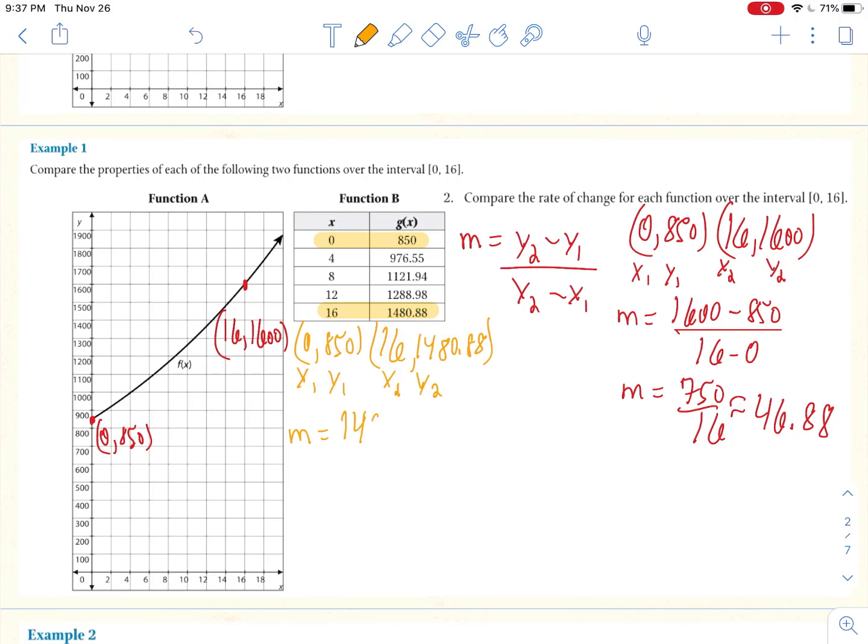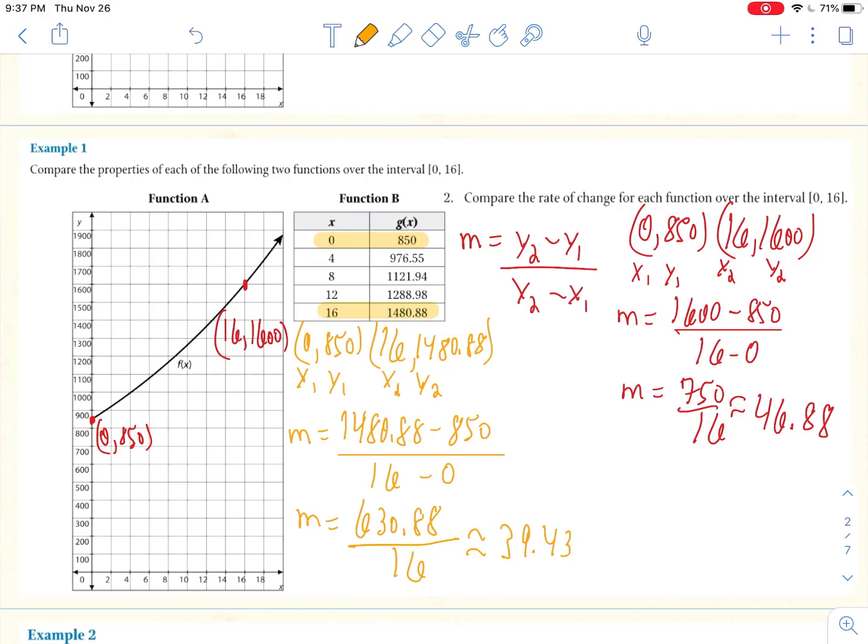So 1,480.88 minus 850 over 16 minus 0. If we take 1,480.88 minus 850, that's going to give us 630.88 over 16. If we put this into our calculator, we're going to get approximately 39.43.